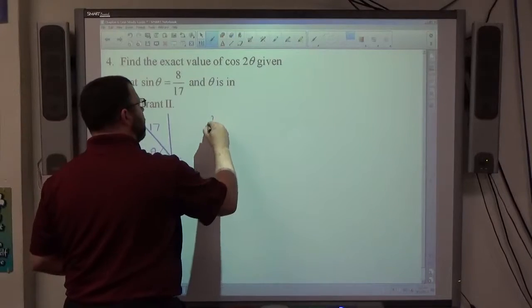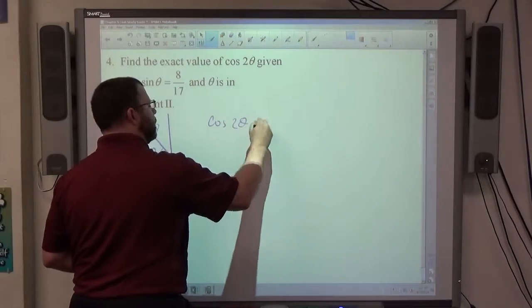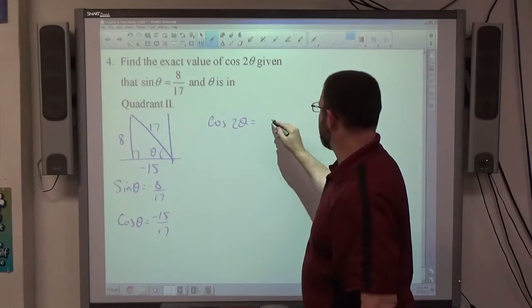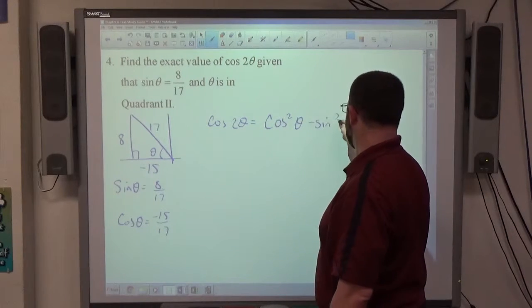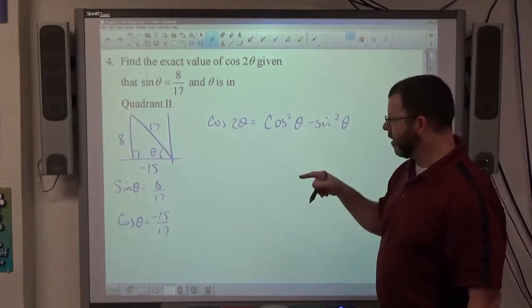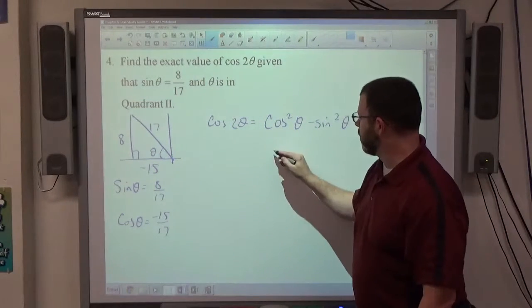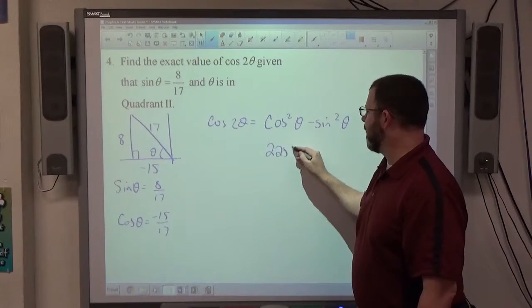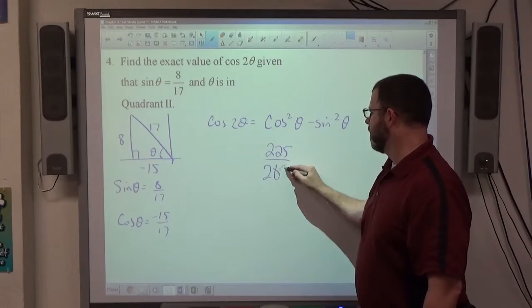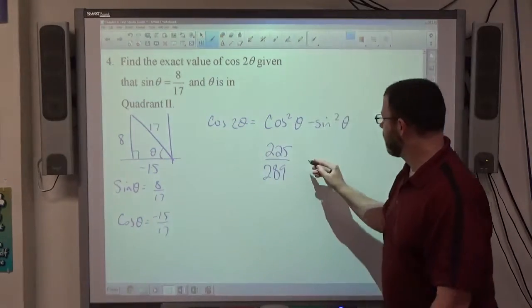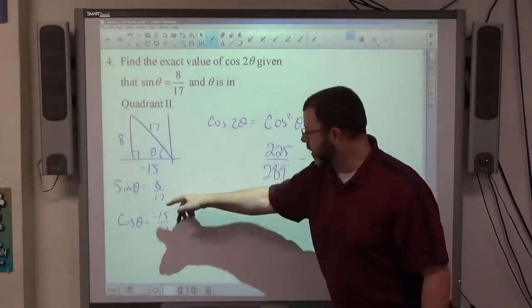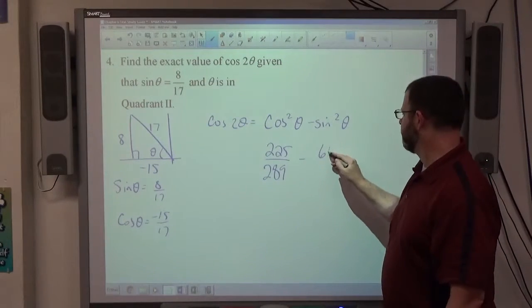And our cosine of a double angle formula is, I'm going to go with the cosine squared minus sine squared version. So cosine squared is going to be this squared, so it's going to be 225/289. It's positive because squaring anything you get a positive even though the cosine is negative. Sine squared, if I square this, I'm going to get 64 over 289.